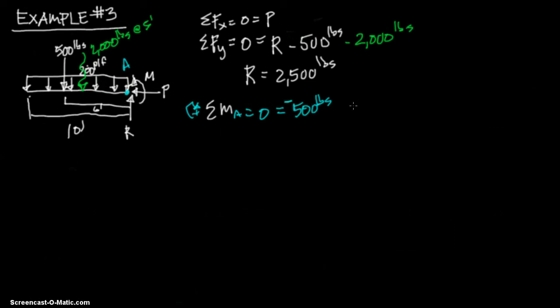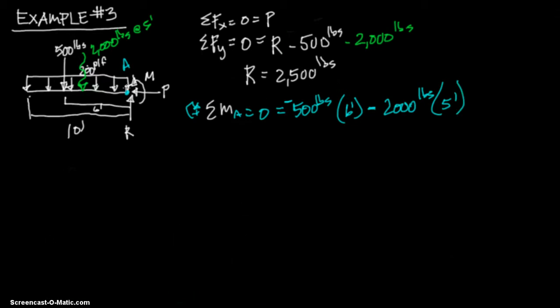So let's just say negative 500 at, what, 6 foot? Plus, let's just go ahead and say minus, since we know this is going to make a negative moment, since it's the same direction as 500. Negative 2,000 pounds times, we know that's at 5 foot.